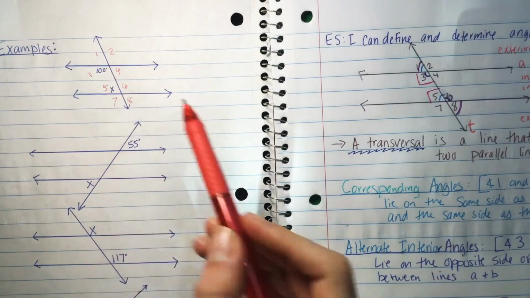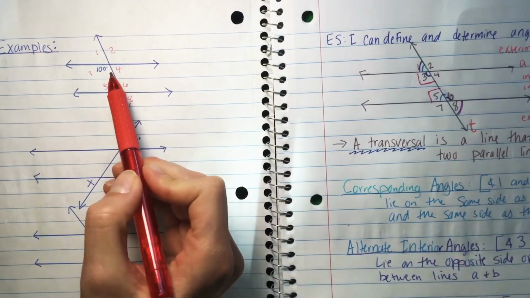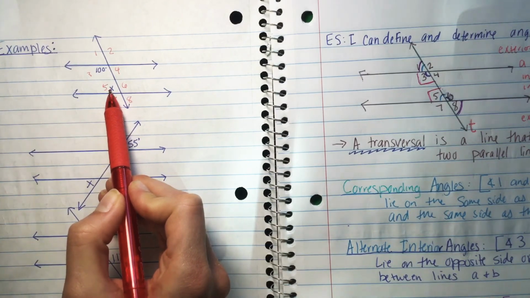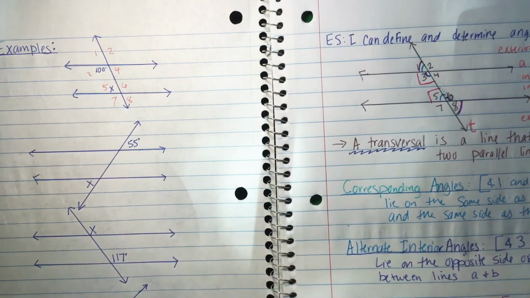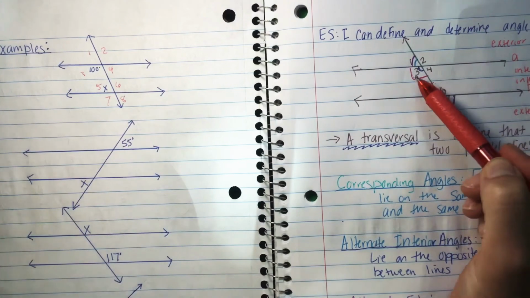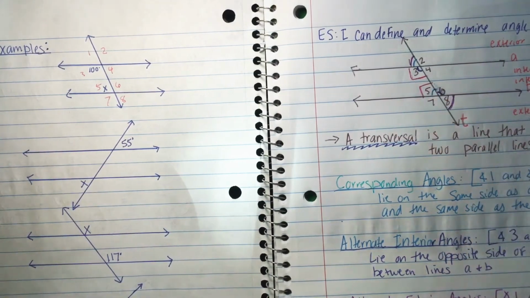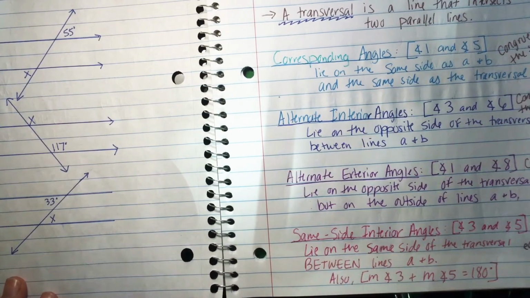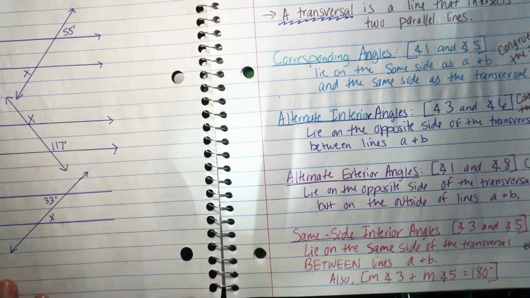And then you can kind of look back at the definitions and see that, okay, this is angle 3, and what I need to find is angle 5. So if I go back to my definitions, I see that 3 and 5, those are the same side interior angles, which means they add up to 180.